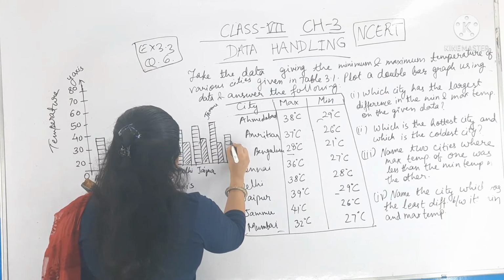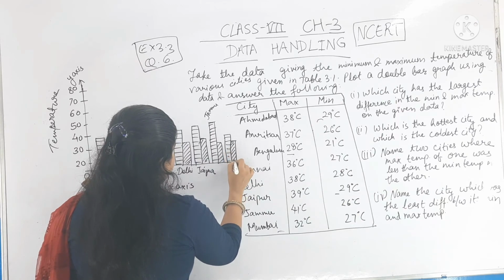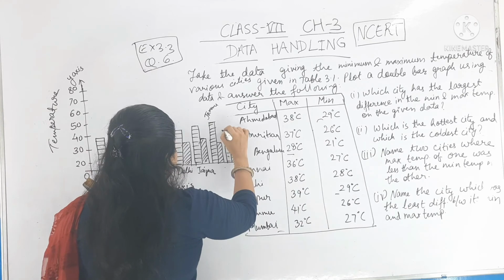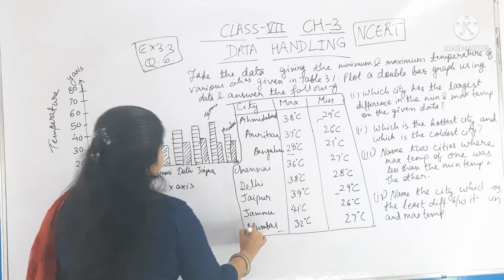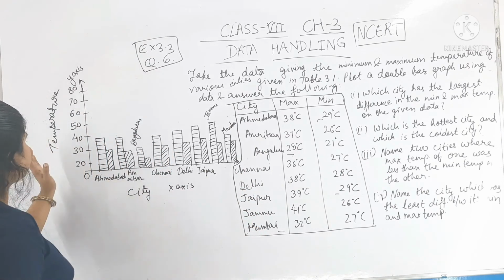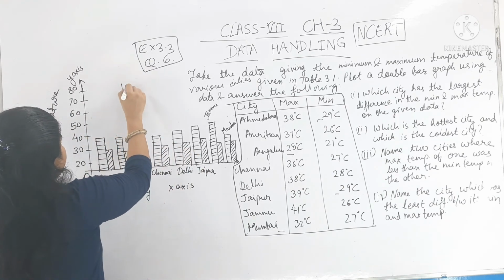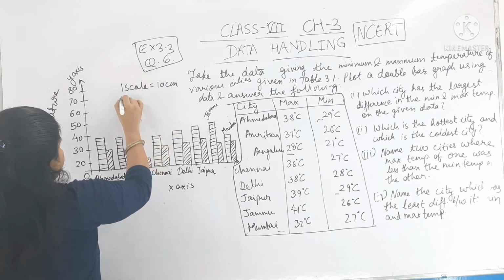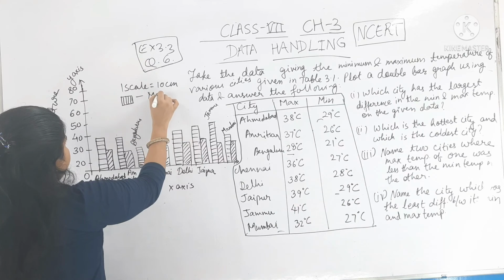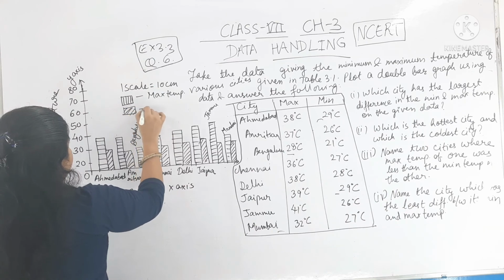So you have to plot. This is Mumbai. This is the x-axis and this is the y-axis, and this is the double graph for this data. I have taken a scale of 10 centimeter here. This is for maximum temperature, and this is for minimum temperature.